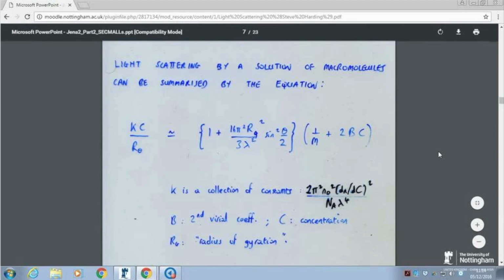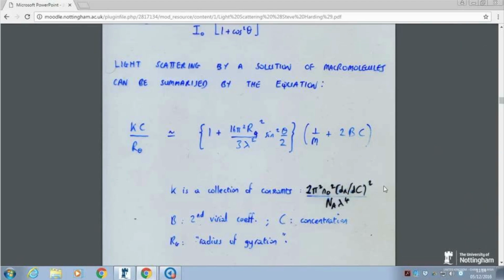And a couple of things here. If we work at a very low angle, so small angle, if theta equals 0, what's sine theta? 0, yeah.